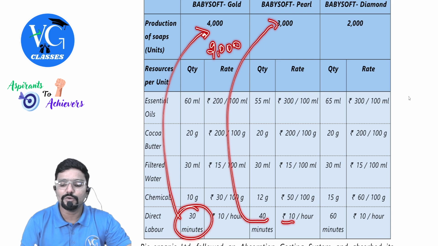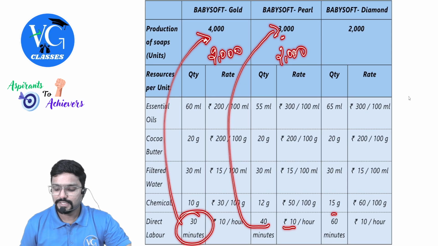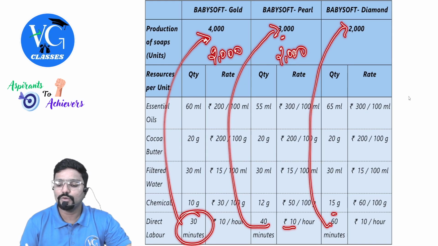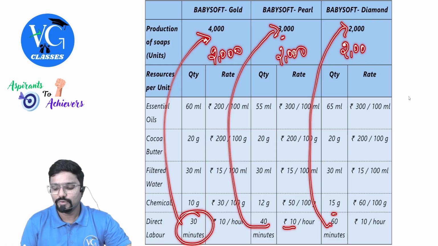40 minutes into 3,000. You will get total minutes. Divided by 60 minutes. You will get it in hours: 2,000. Next, 60 into 2,000 divided by 60 minutes: 2,000.